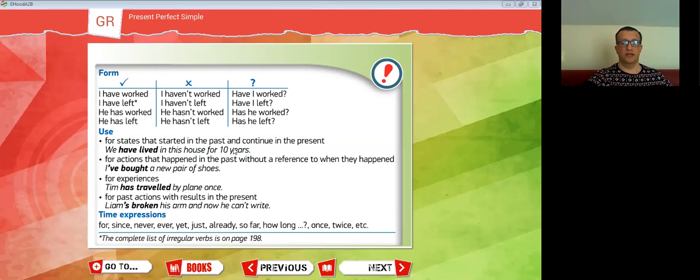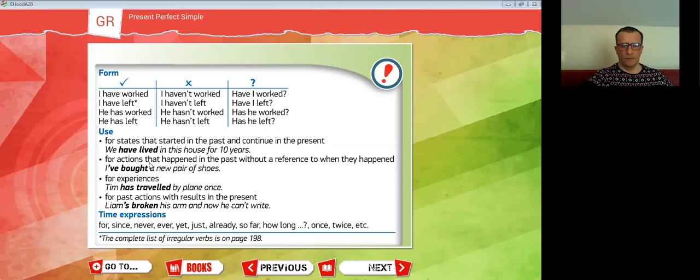He didn't leave this house, and he's still in that house. And the result is he is still living in that house. So when there's a present result, we use present perfect tense. We have lived in this house for 10 years.